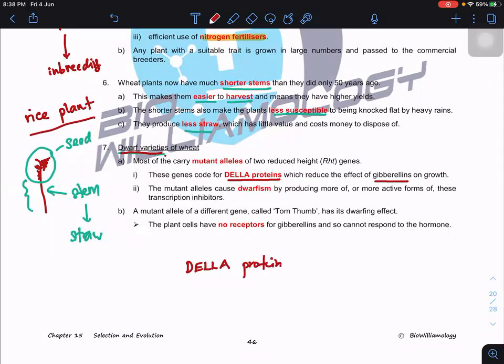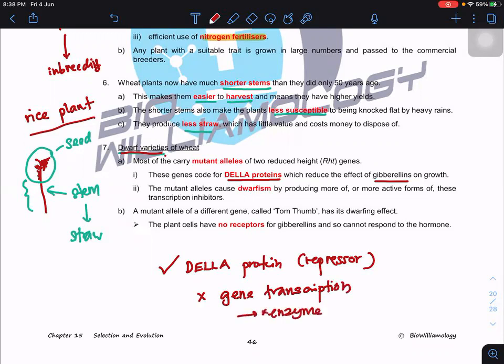This DELLA protein is a repressor protein. So as long as DELLA protein is there, then no gene transcription. If no gene transcription, then no enzyme. If no enzyme, then no growth. So when there is no growth, the wheat will remain short. So dwarfism is produced. Are you clear?